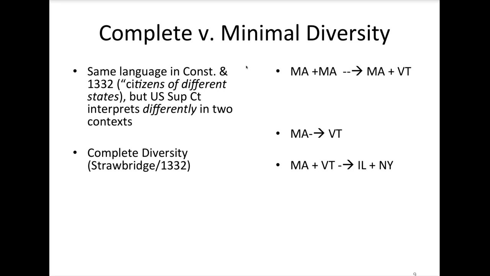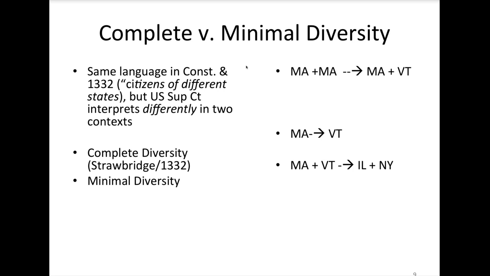So, complete diversity is what applies to 1332. This is what the confusing Strawbridge case says. You don't have to go back and reread it, but you should know that Strawbridge says 1332 requires complete diversity. This only applies to 1332. It does not apply to other cases.